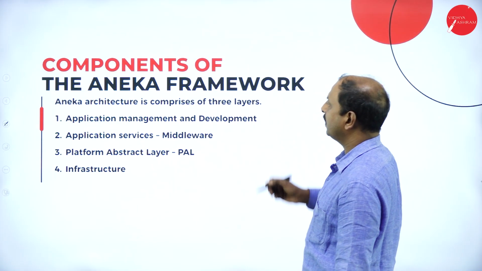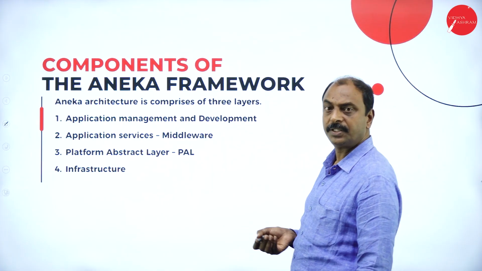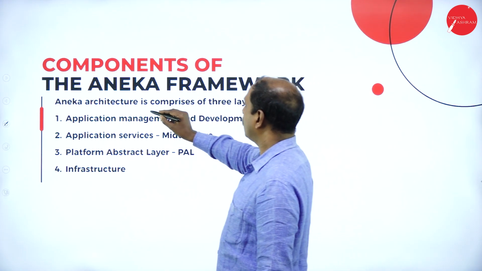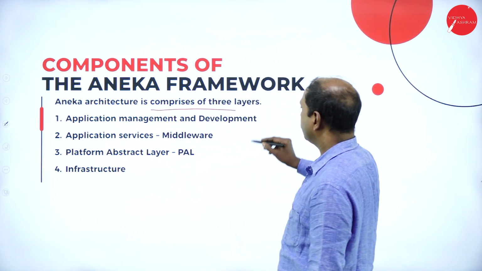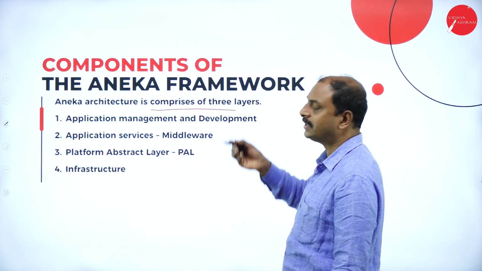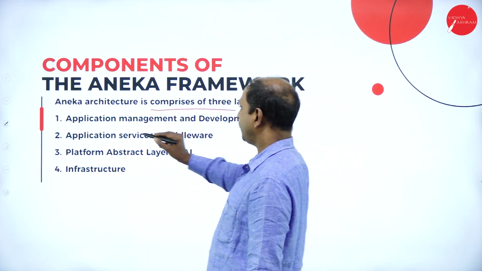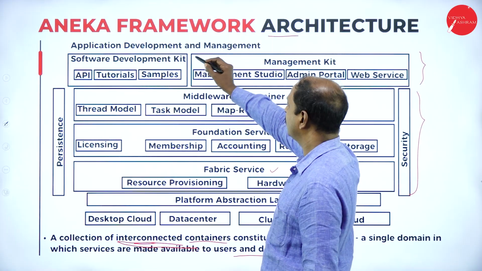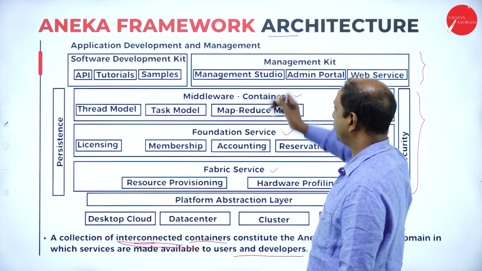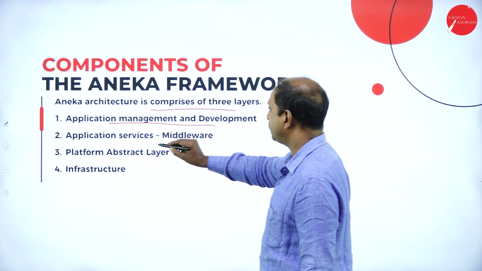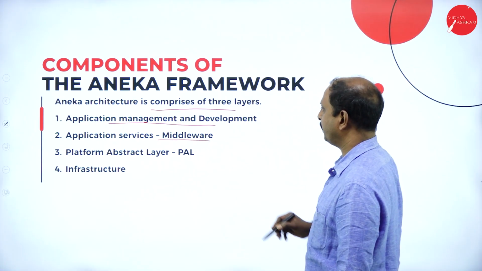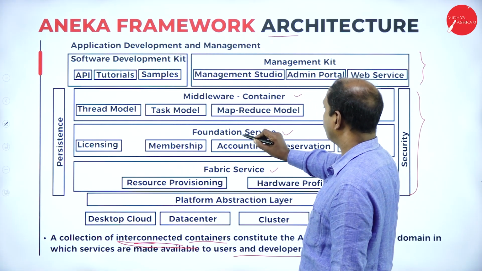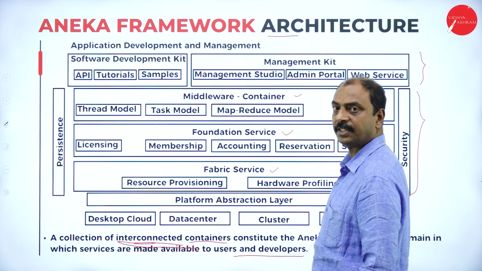Now let us see the different components of the Aneka framework or architecture. This architecture comprises three layers. One is the application management and development layer. The second one is application services, the middleware: application services, foundation services, and fabric services.